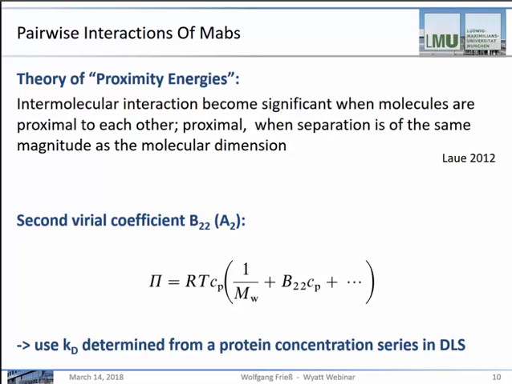So here we use the interaction parameter, the second virial coefficient, called B22 or A2. It is typically studied by membrane osmometry or by AUC or SAXS, also by static light scattering. But it can also be very simple and straightforward to analyze this factor by dynamic light scattering.